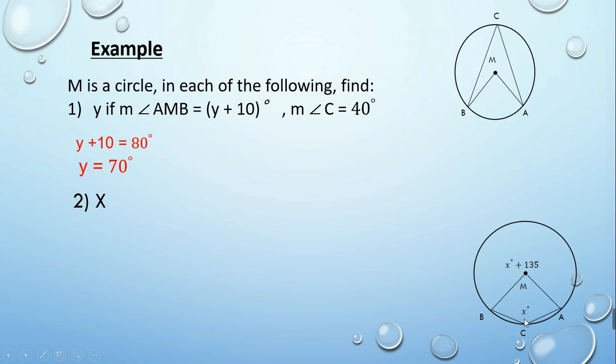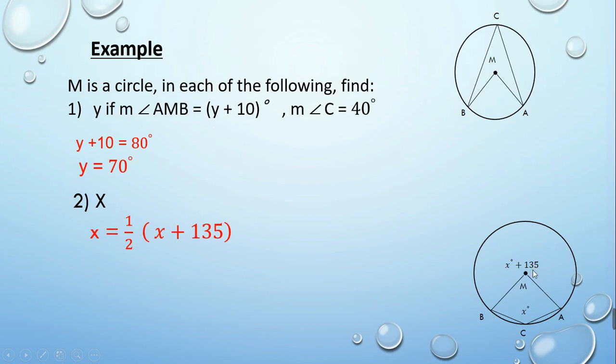Then the measure of x here equals half the measure of this reflex central angle. This is the central angle and this is the reflex central angle. So x here and the reflex central angle subtend the major arc AB. So x here equals half of x plus 135.